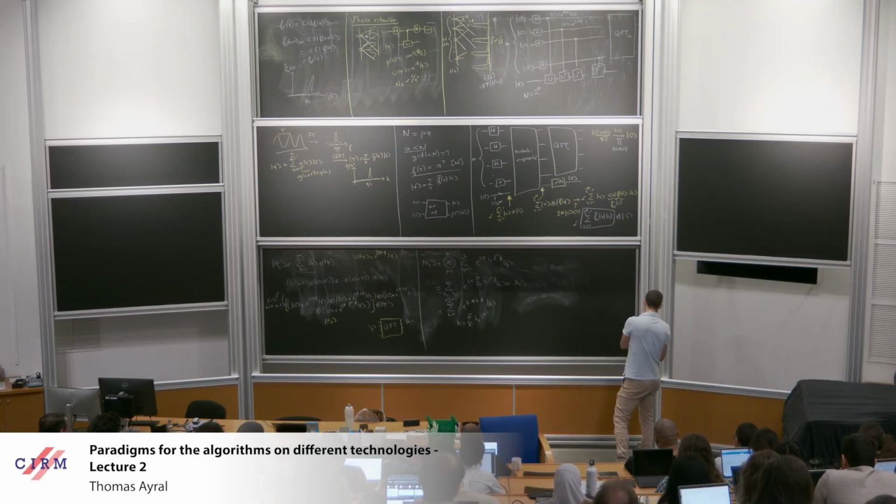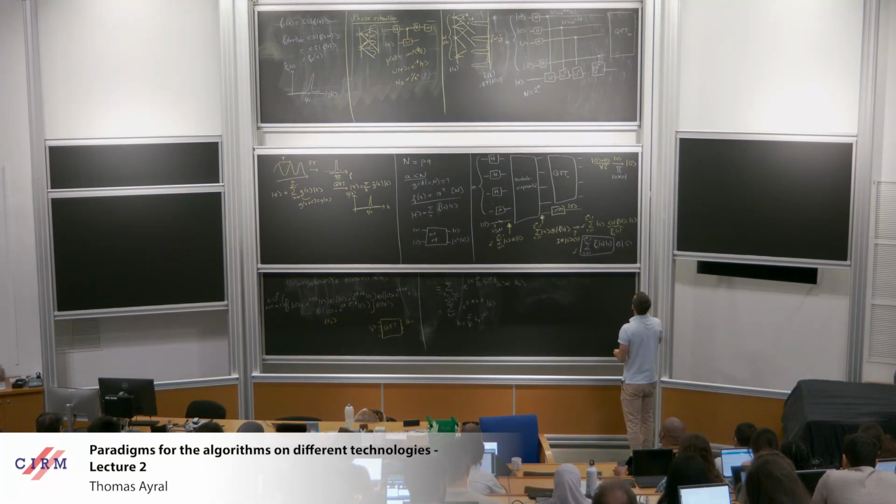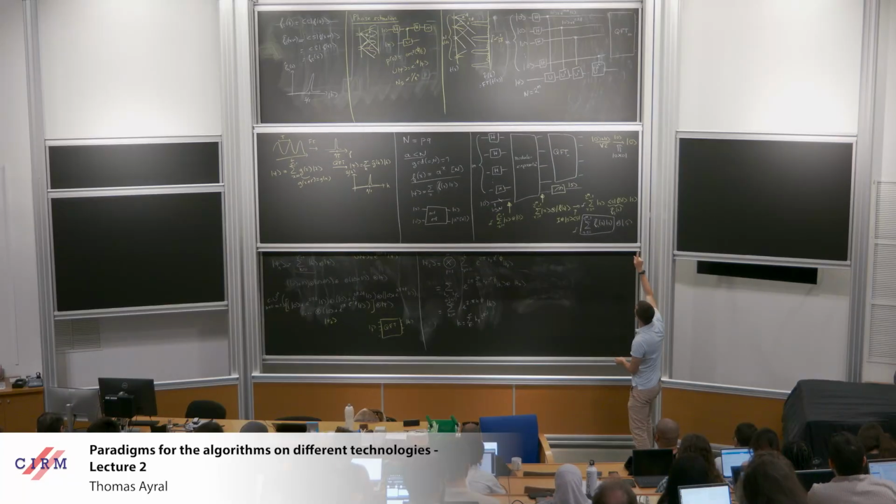So that means that what I should have written, no, not here. Okay, but you see what I mean here. The QFT at the very top here is not QFT, but QFT minus 1 or QFT dagger. Maybe I'm going to correct it.